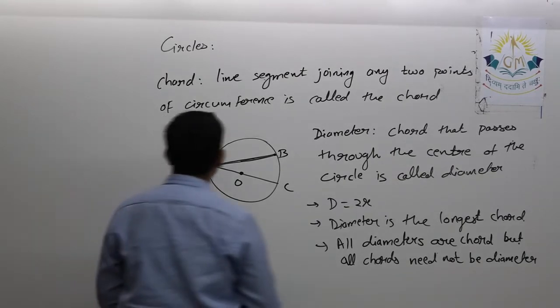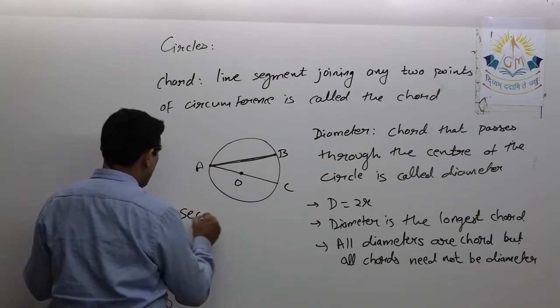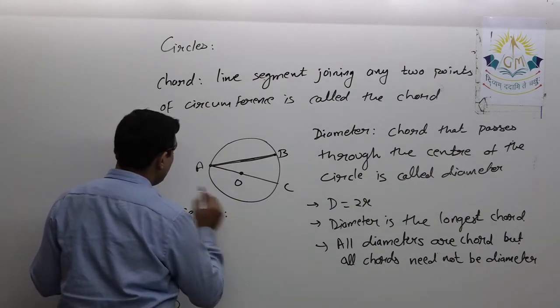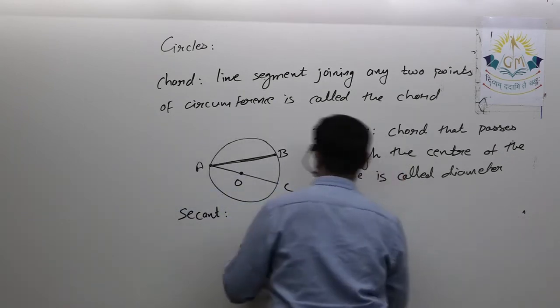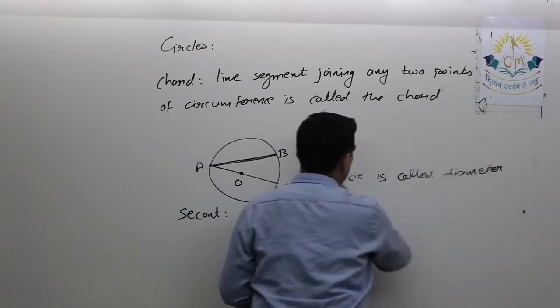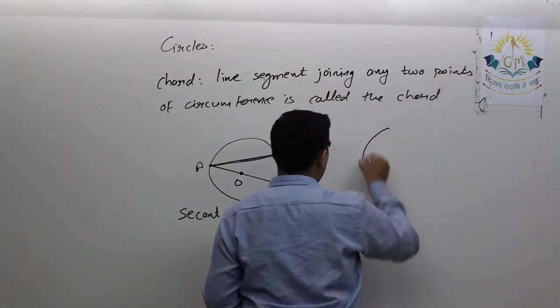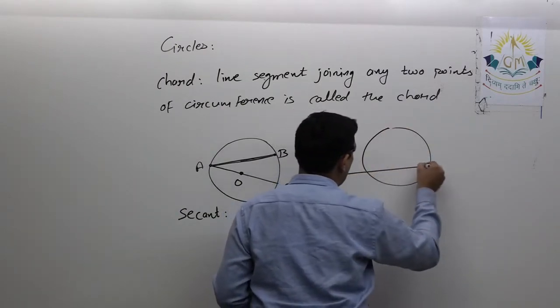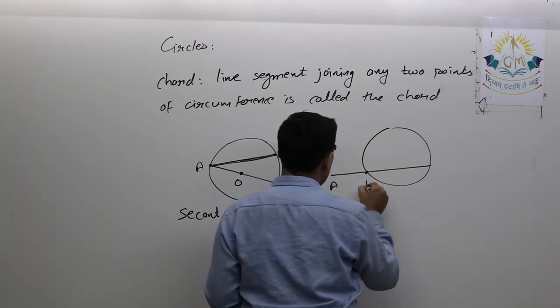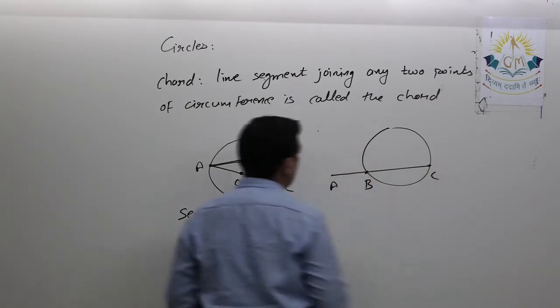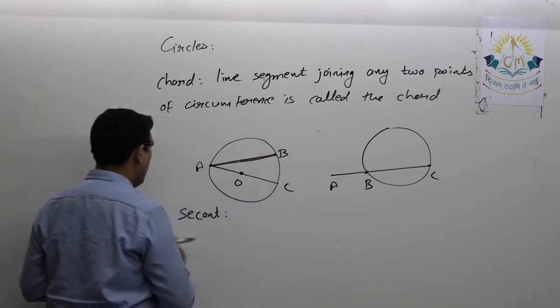Now there is one more term that is called secant. A line which intersects the circle at 2 points is called the secant. For example, if I draw this, then this line is called the secant.